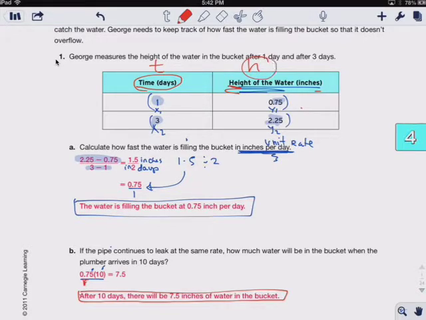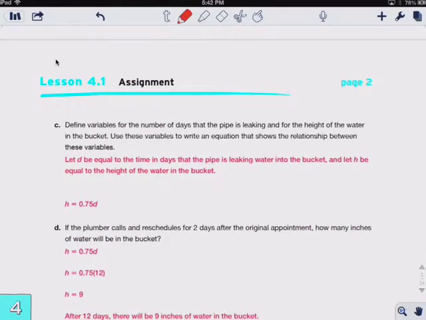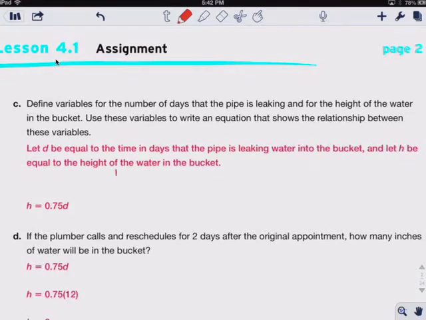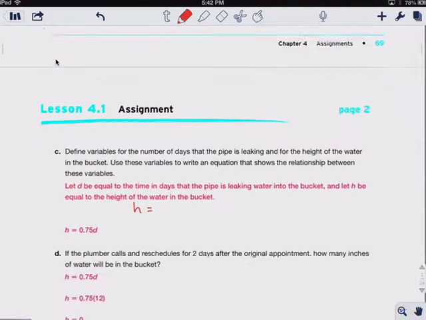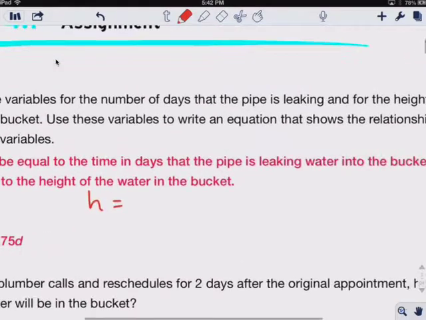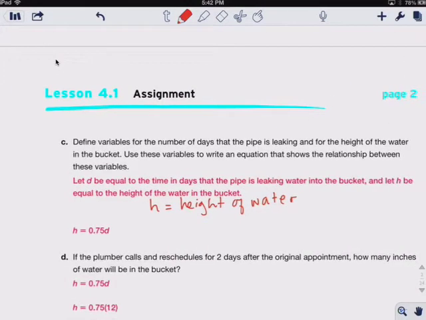H is your answer here, so I would put H equals height of water. I don't write that much.